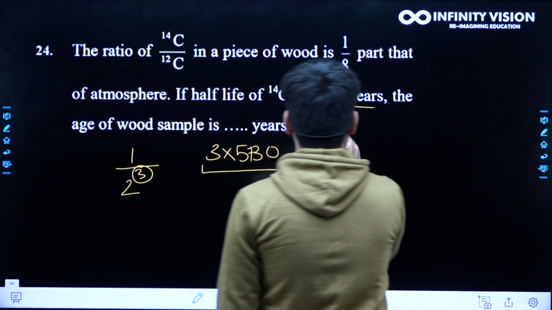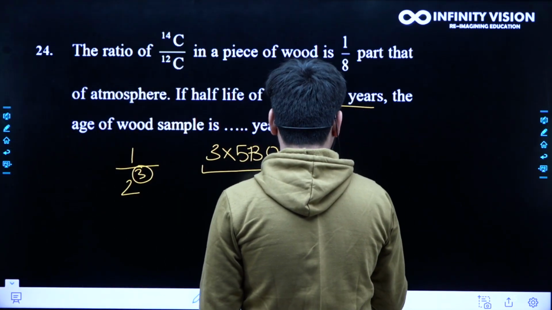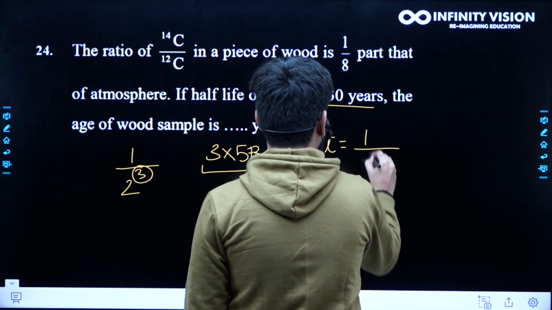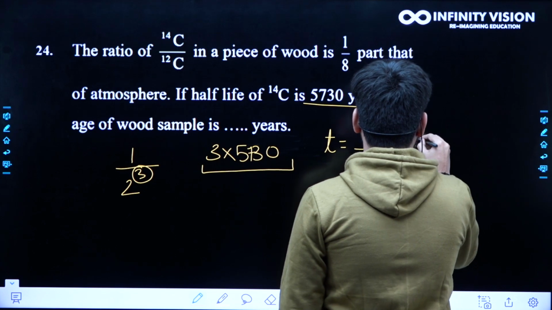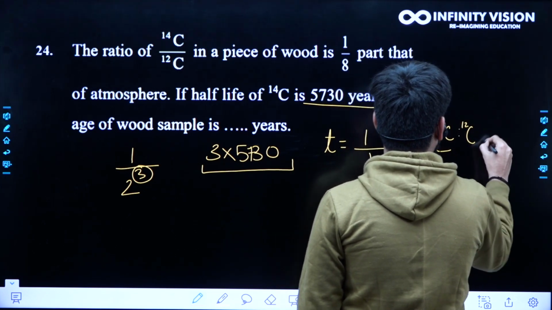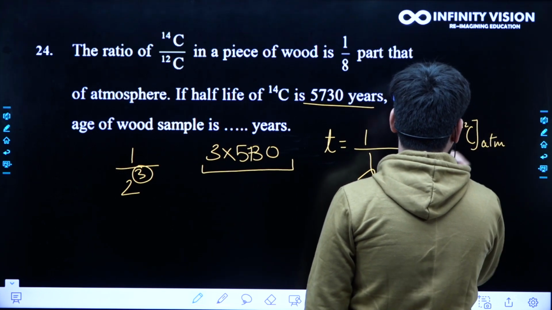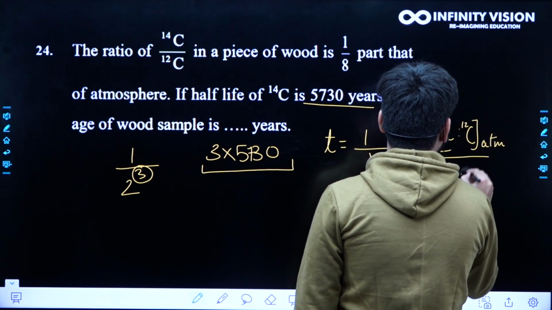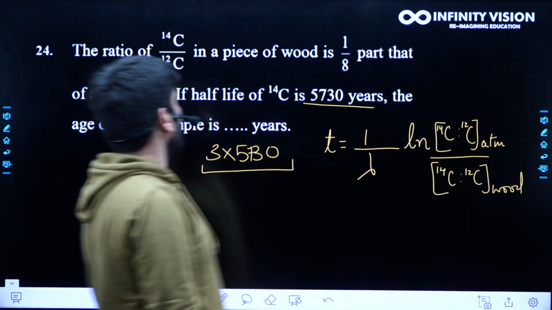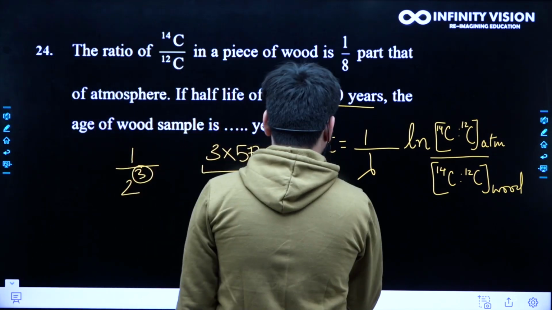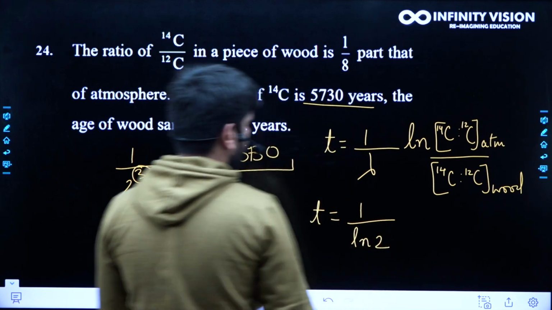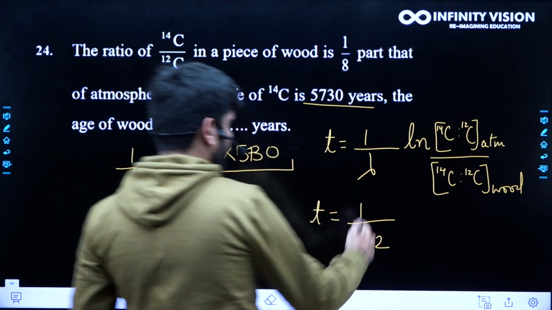The other way is that we know the age of the sample is equal to 1 upon lambda into ln of the ratio of 14C to 12C in the atmosphere divided by the ratio of 14C to 12C in the wood. So what do we get? T is equal to 1 upon lambda, and lambda we can write as ln of 2 upon T half.